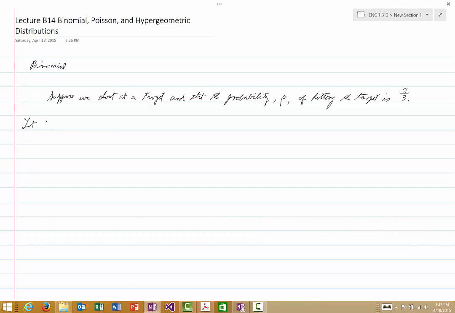Let x be the random variable representing the number of hits.